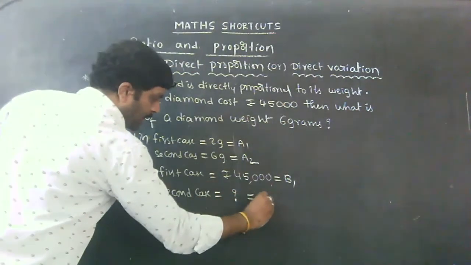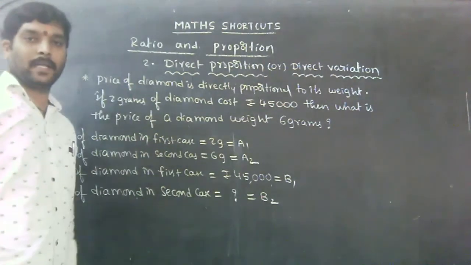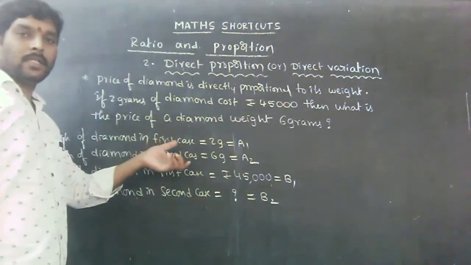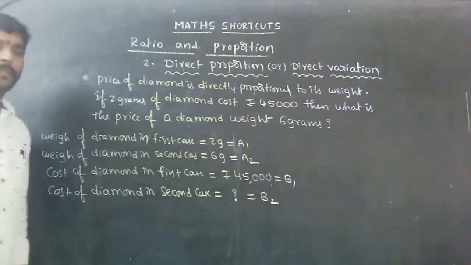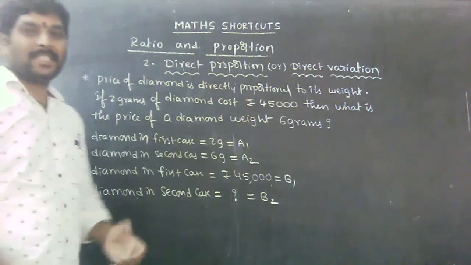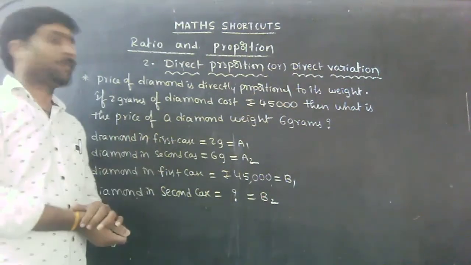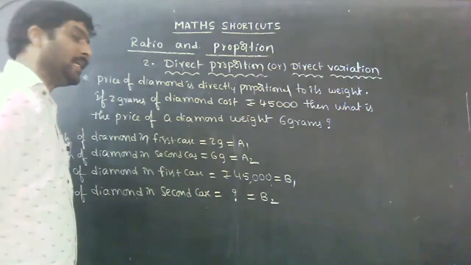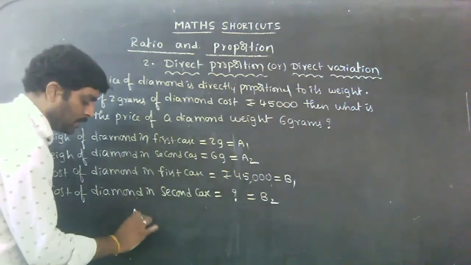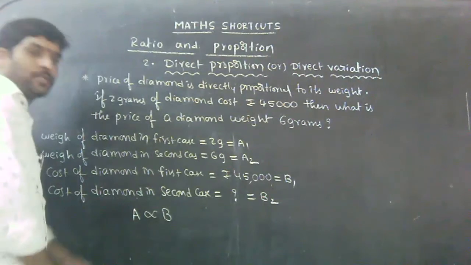Let us take it as B2. One is weight, second one is cost. In the question it is given that the price of diamond is directly proportional to its weight. So here A and B are both directly proportional. This is the symbol for directly proportional.